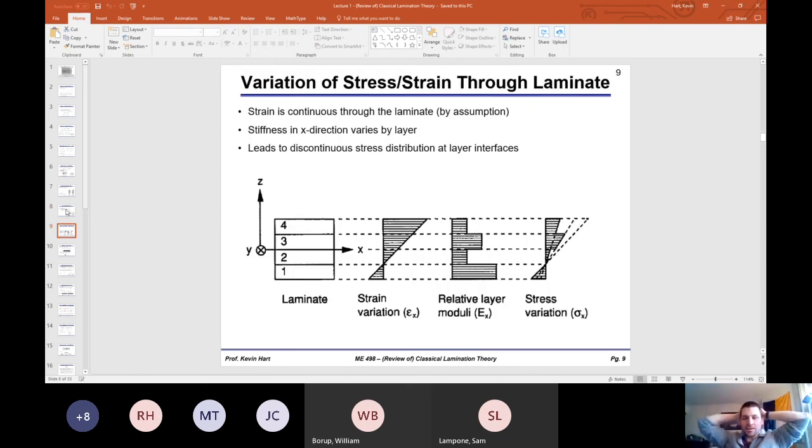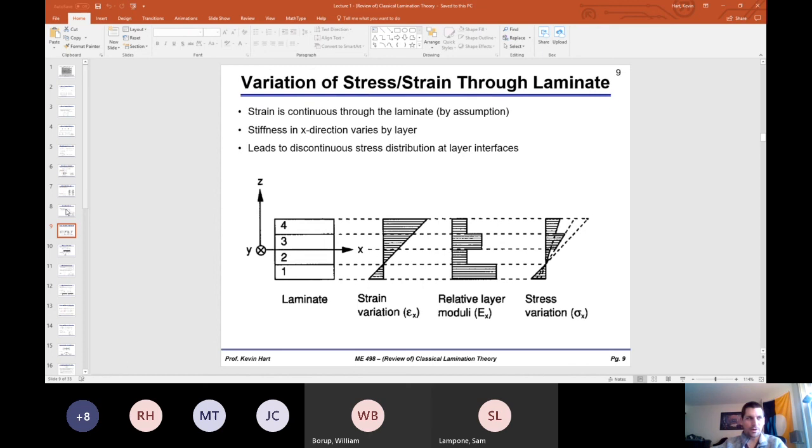One last thing that we saw was that the lamina may be oriented in different directions. If we pull on the laminate globally in, let's say, an x direction, we might have variations in the strain. Because that strain is continuous and each particular layer might have a different stiffness, we have this discontinuous stress variation throughout the laminate.